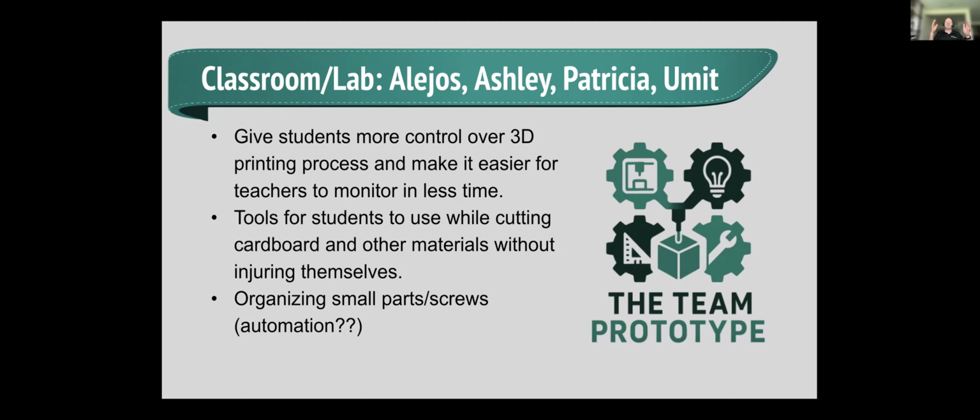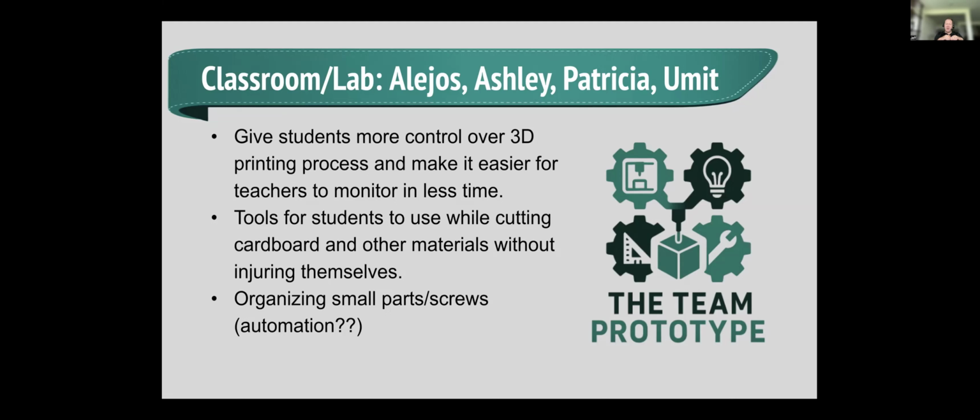I think every teacher here, and even if you're in a science classroom, think about everything that's in your classroom, whether it's a biology lab or a chemistry lab, organization is key. It's not necessarily always small parts, but that seems to be where most things were always lost and not found.